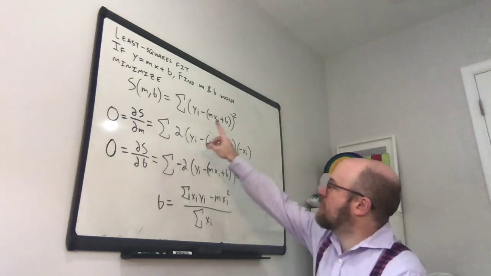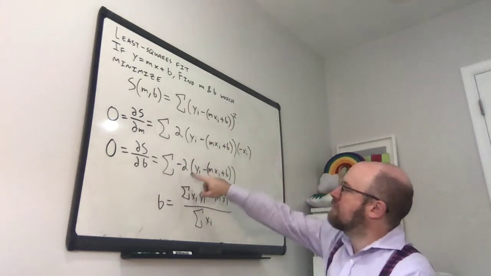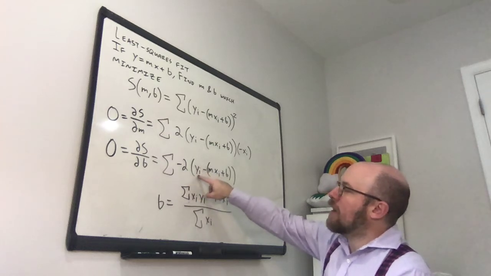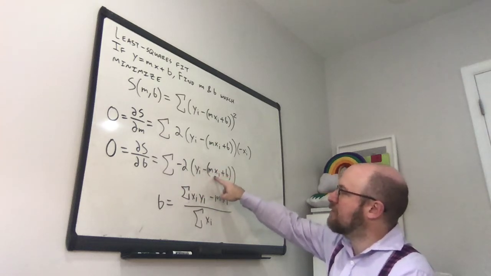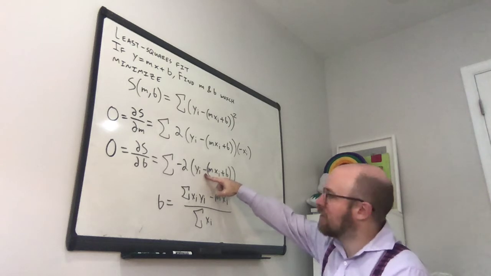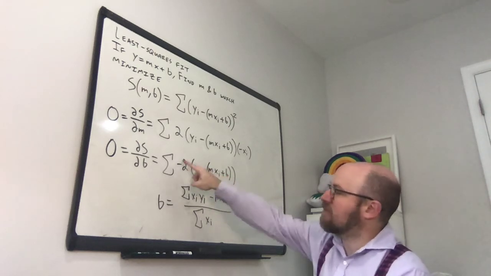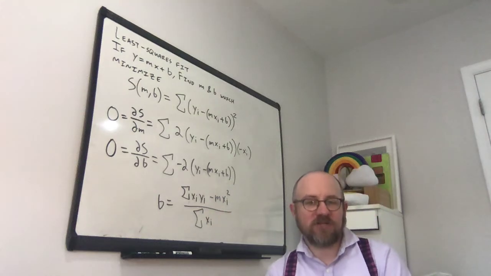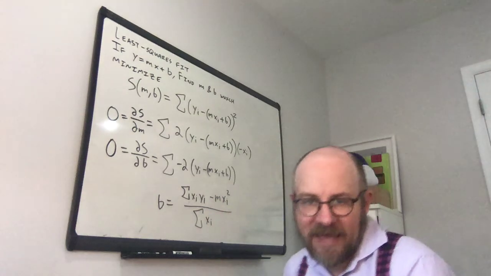Similarly, the derivative with respect to b, the 2 comes down to the front. Derivative of yi is 0. Derivative of mxi is 0. We've got a negative b, the negative sign and the b combine, negative b. And so that gives us a derivative of negative 1, which by the chain rule ends up in front again.